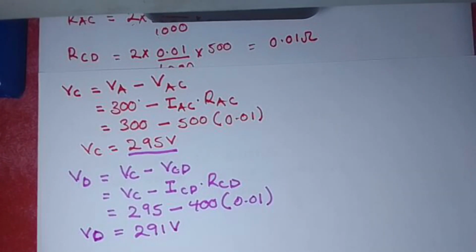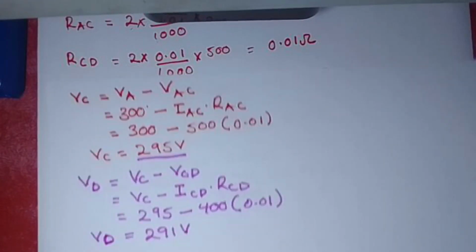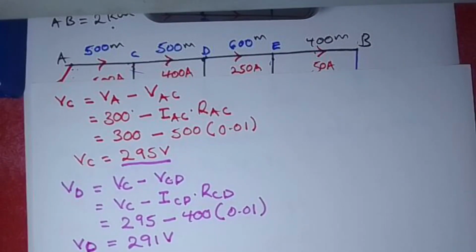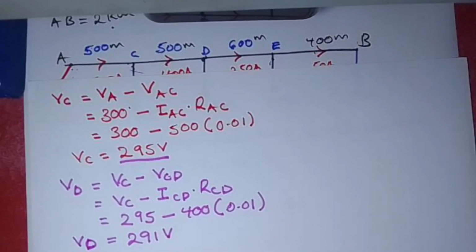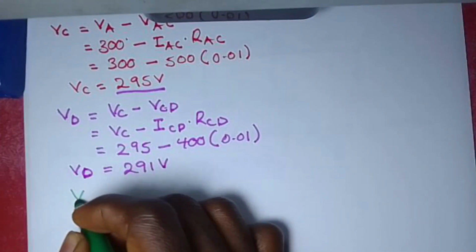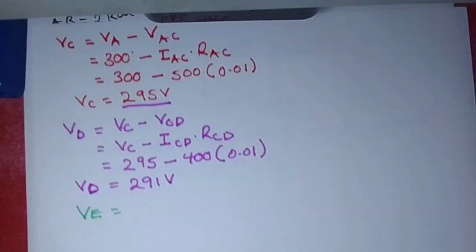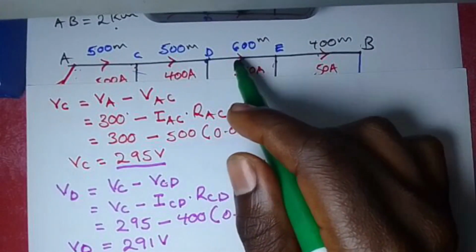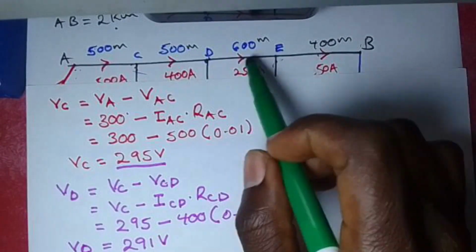Now the rest is simply a repetition of what we have done before. We are going to keep on doing it for all the remaining sections. So for example, we calculated for V at D, let us calculate VE and VB respectively. So to get the voltage at point E, it is going to be equal to the previous voltage, which was the voltage at point D, minus the drop along this section.